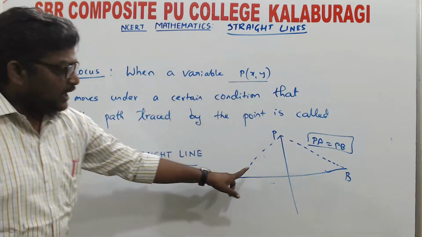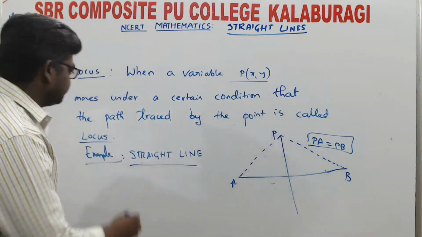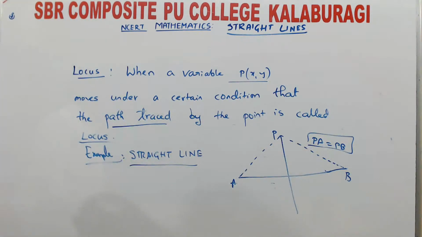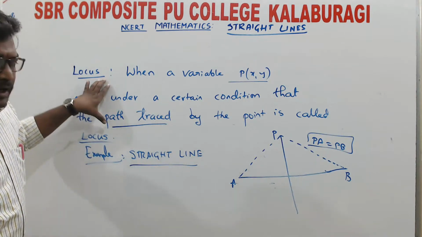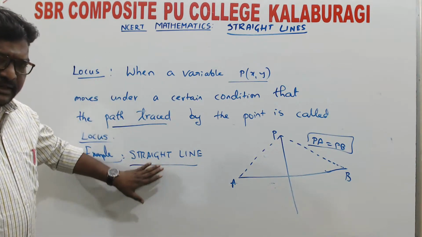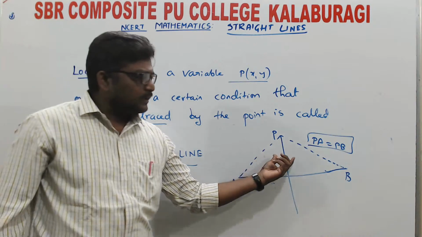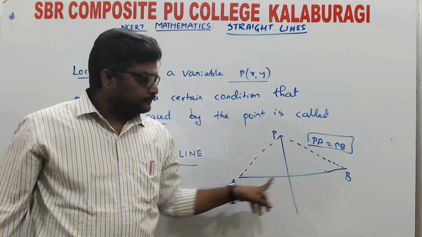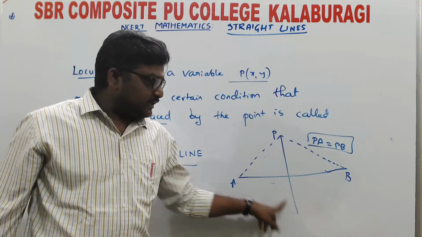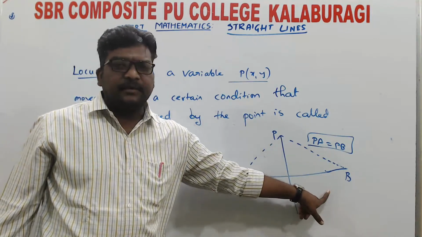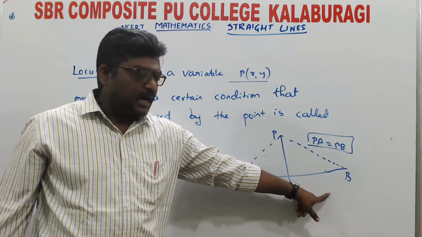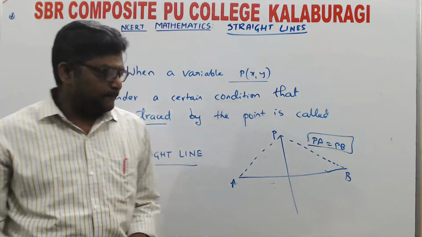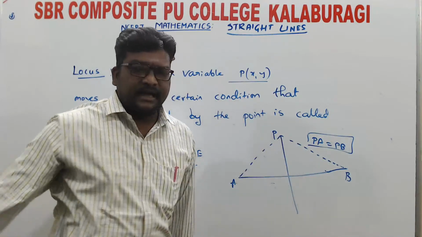The condition should be that the path traced by the point is called locus. Now we have learned what is meant by locus. A locus example is a straight line. The straight line definition is a path getting a perpendicular bisector with fixed points A and B, or simply a line which has no end points is called a straight line.